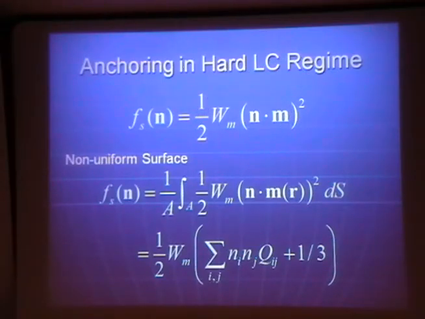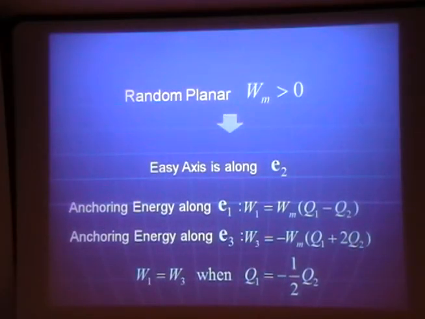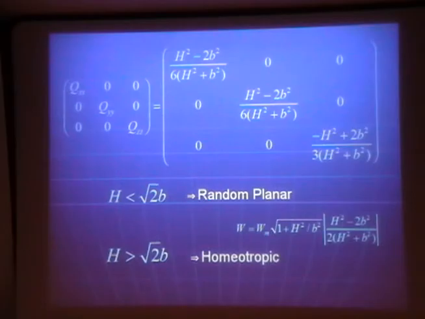So what we need to do is to sum up the anchoring energy for uniform liquid crystal in contact with the surface. So N is just uniform, M is space dependent, and we can just manipulate and calculate everything.